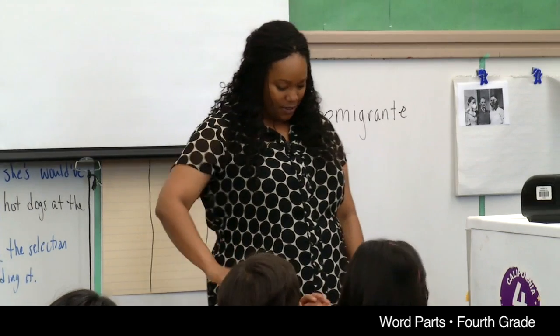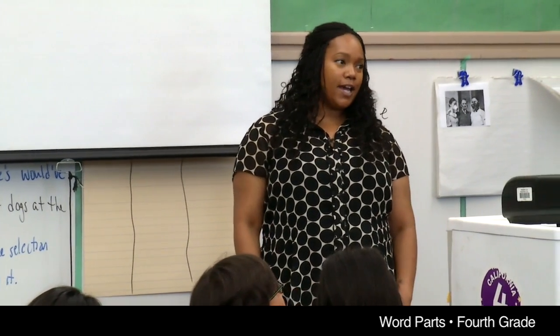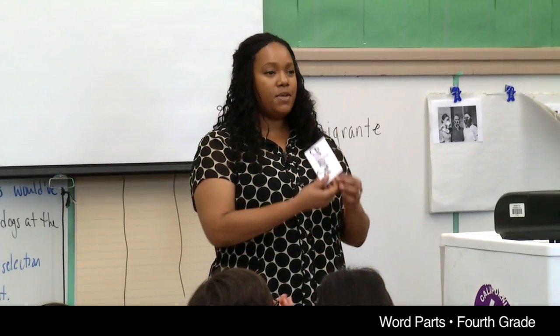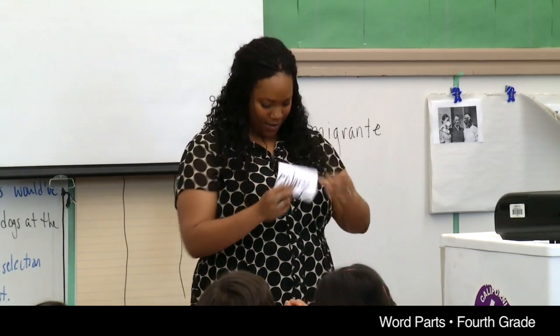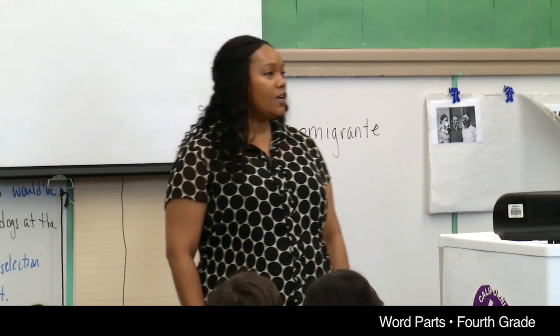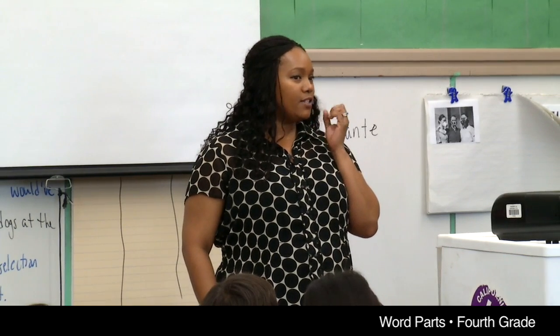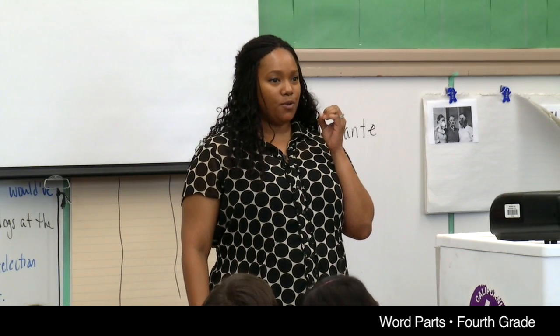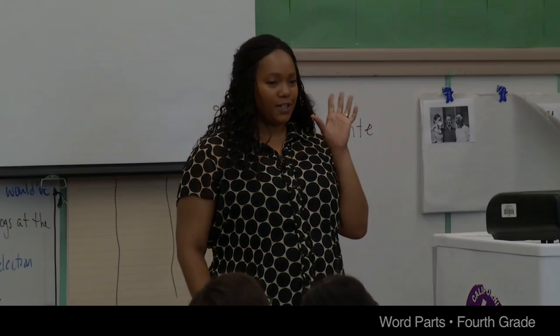The prefix that has been added to large is "en," and it means to cause to be or to have. So in this case, it means to cause to be large. Right, to cause to be large. So some examples of enlarge are like the pupils in your eye. When it gets dark and your pupil gets bigger, then that's an example of enlarge.